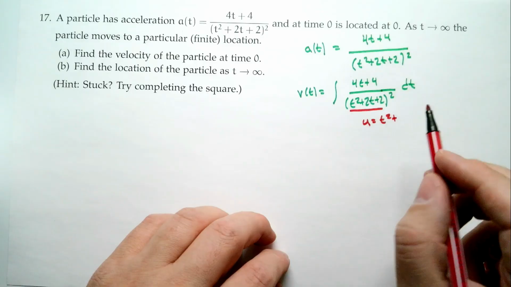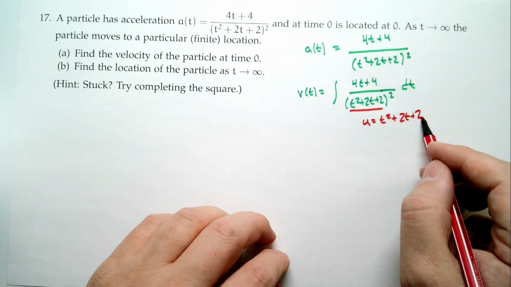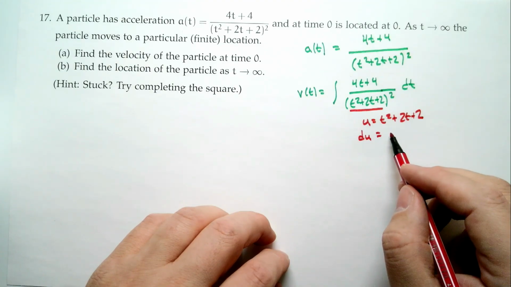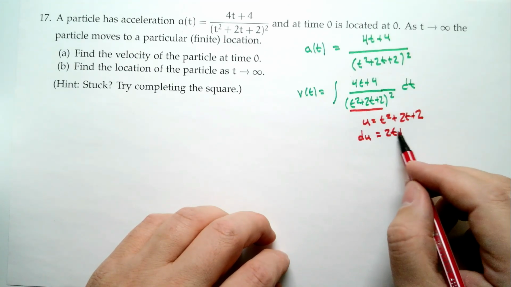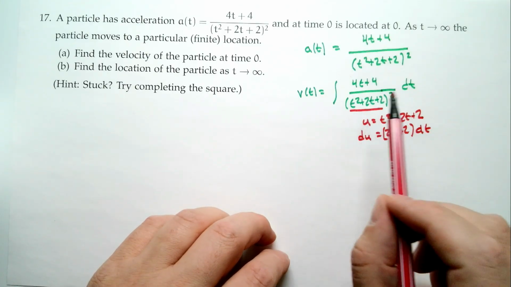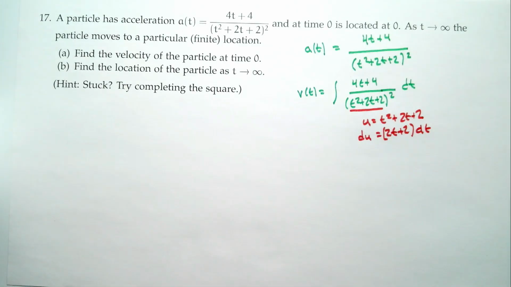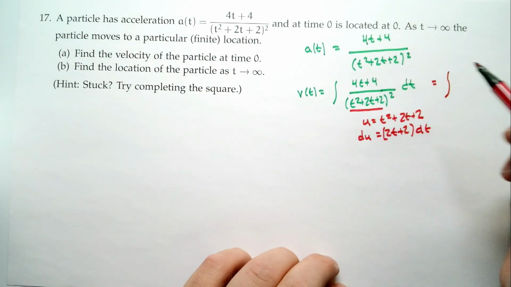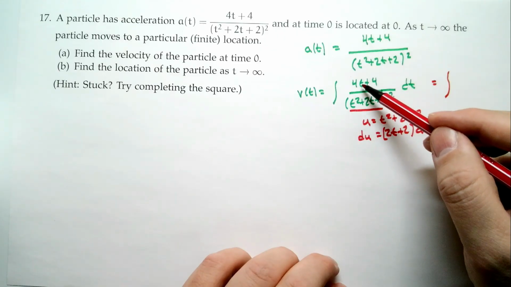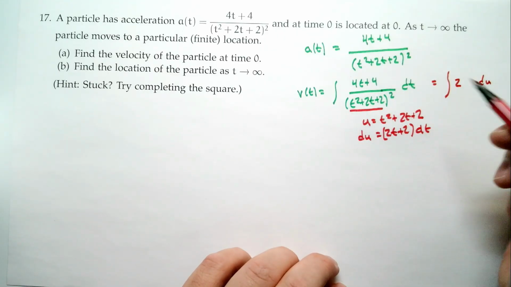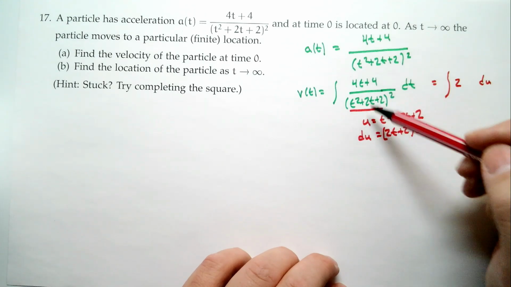u equals t squared plus 2t plus 2. What would du become? 2t plus 2 times dt. And check it out, 4t plus 4 is basically double that. So if we use that substitution, then the upstairs becomes twice du, so I have a 2 du, and the downstairs becomes u squared.